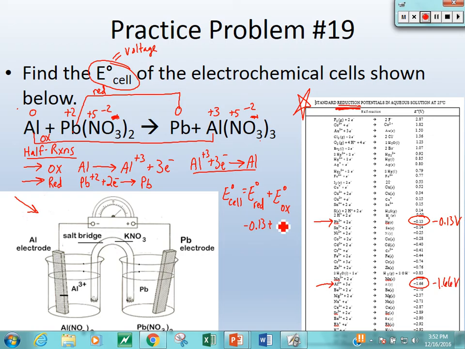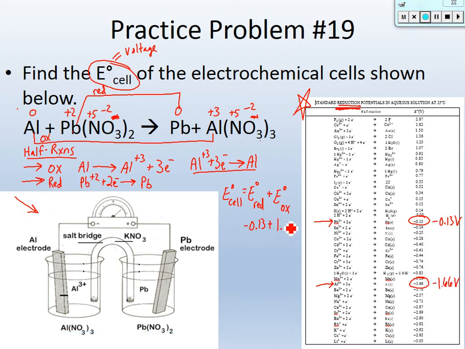So this is going to be plus 1.66 volts. Okay? If you do that, so 1.66 volts minus 0.13. So the electric potential of the cell is equal to 1.53 volts. And so that's how much voltage will be produced by this battery or this electrochemical cell.